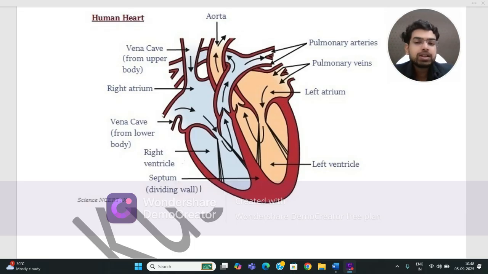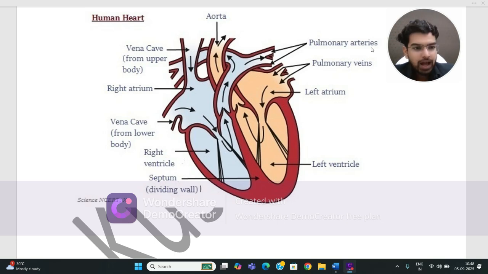In the first part, deoxygenated blood, the blood which requires oxygen, enters inside the heart with the help of the right atrium, and then it reaches the lungs with the help of the pulmonary arteries.